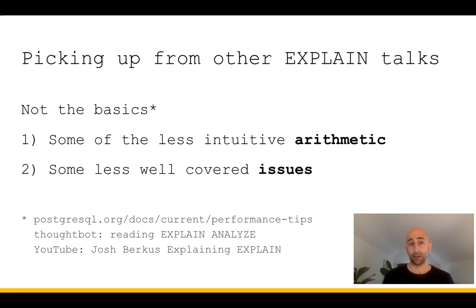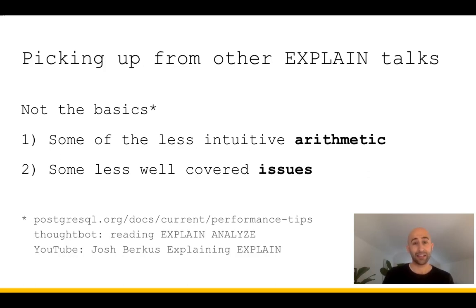So what are we going to cover is a couple of things. One is some of the less intuitive calculations you're going to have to do in order to work out, for example, where the time's going or where the bulk of the work is going. What explains why the query you're looking into is perhaps slower than you want it to be.